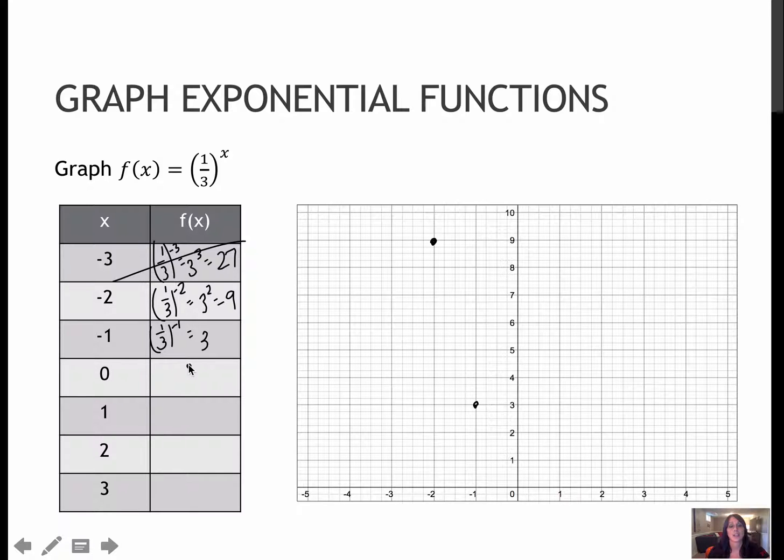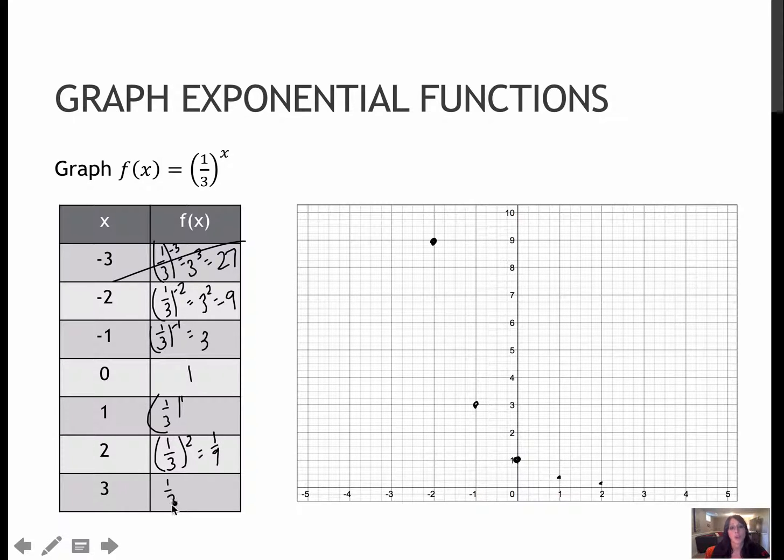If I plug in 0, I get 1, because anything to the 0 power is 1. So remember, we talked about the fact that the graph should always go through (0, 1), unless there's some sort of transformation. 1/3 to the first power is just 1/3. So 1, comma 1/3, somewhere in there. 1/3 squared would be 1/9, which is very, very close to 0.